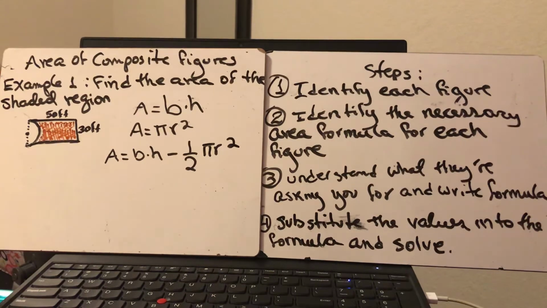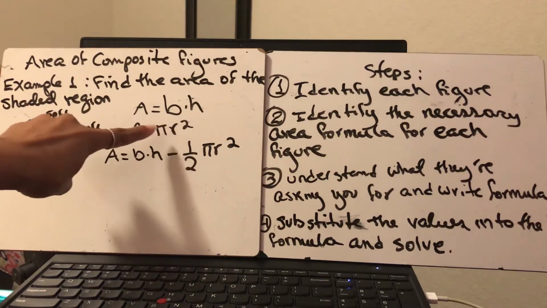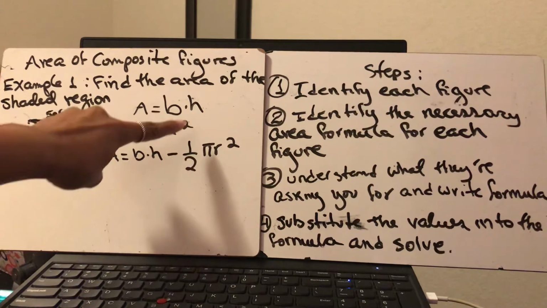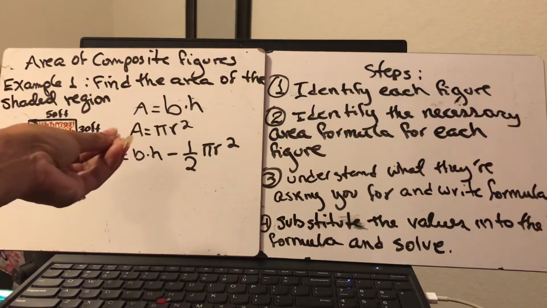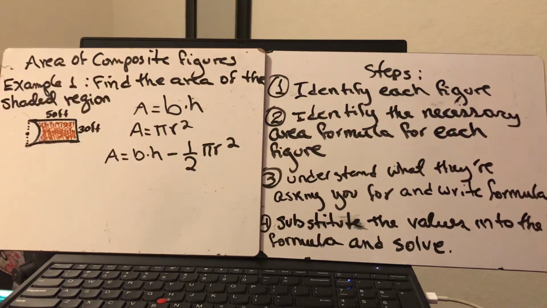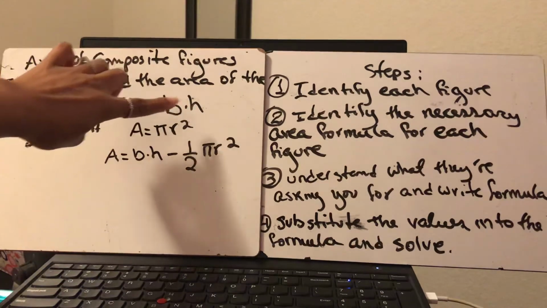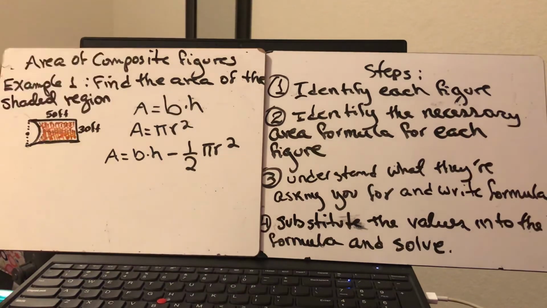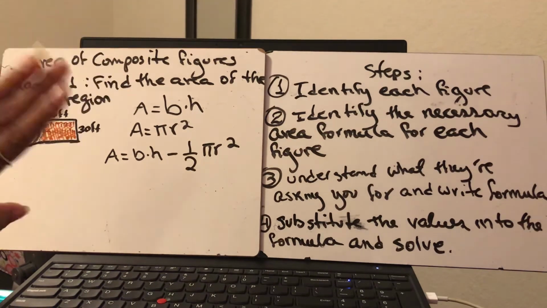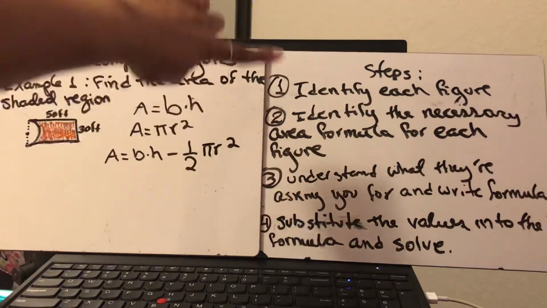You could have also just found the area of the circle and then divided by 2, an entire circle divided by 2. You can do it that way too. And then subtract that from the base times height of the entire, or the area of the rectangle. You can do it in different ways, but let's just do it based on what the steps is telling us to do.